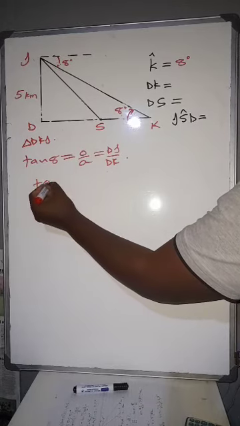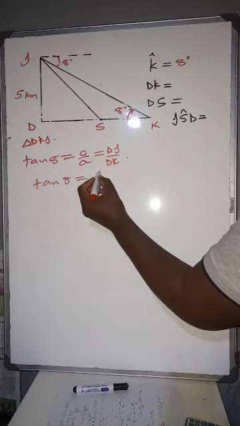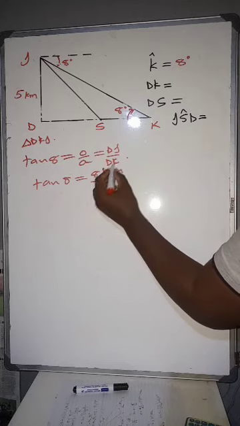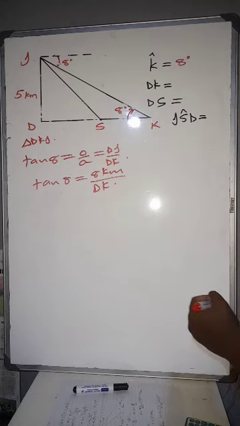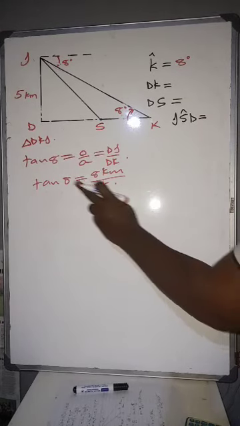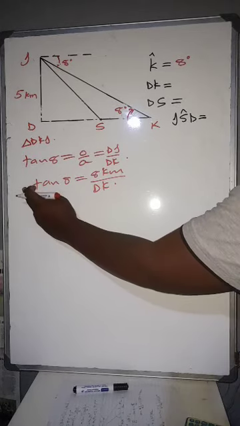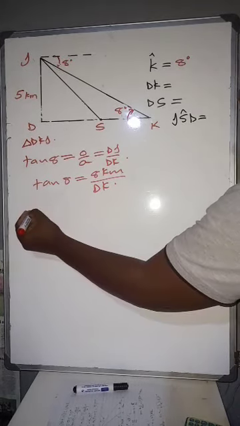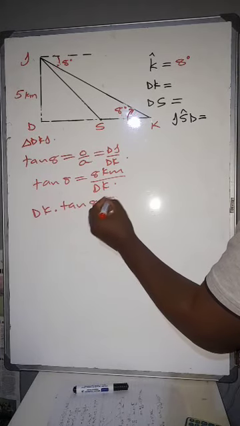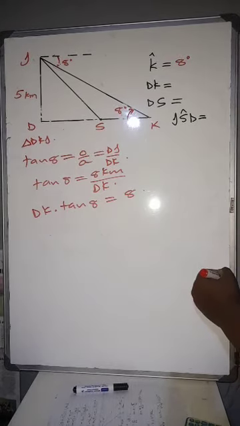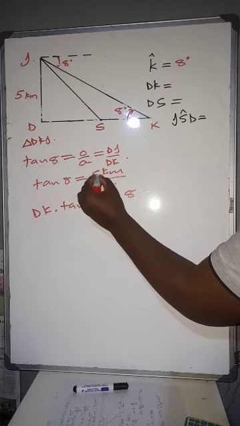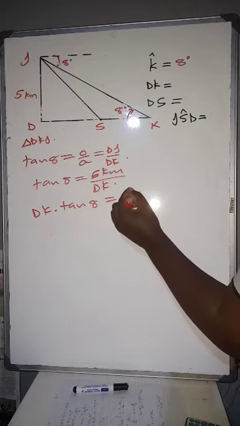We are already given DJ. So tan 8 is equal to DJ over DK. We are looking for DK, so we need to take it to the left. When you take it to the left, it is dividing, it goes to multiply there. Sorry, this is not 8 kilometers, this is 5 kilometers.